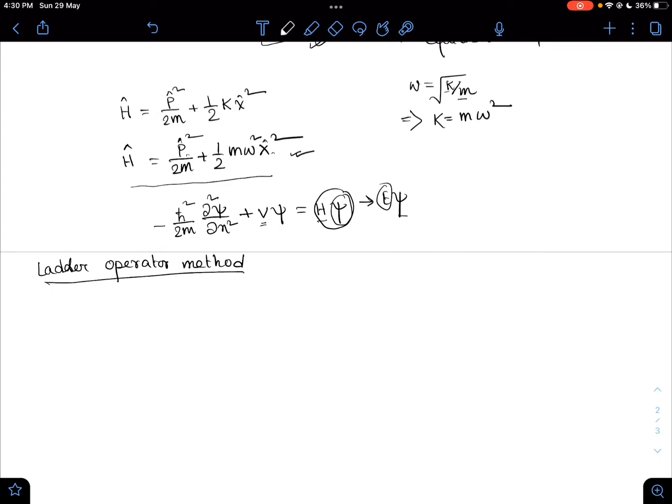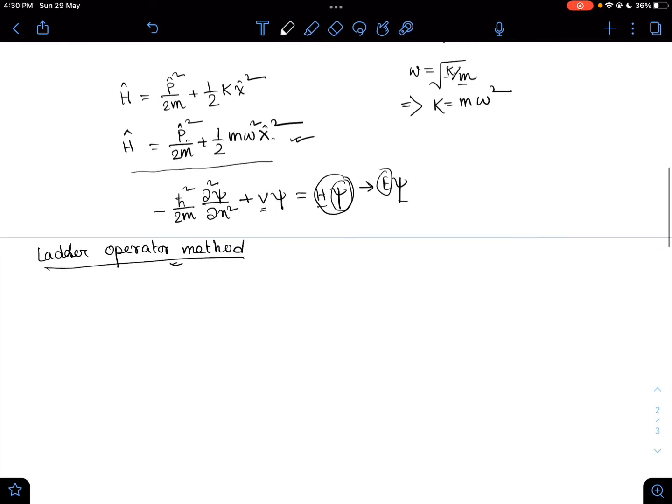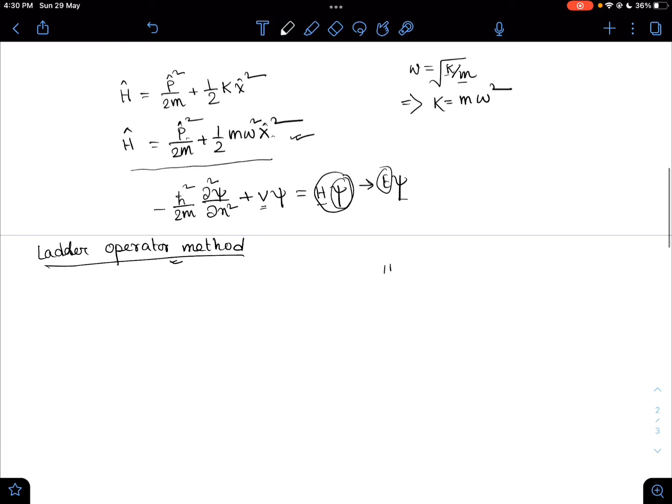Here I will discuss this ladder operator method. Before proceeding, suppose we have a classical harmonic oscillator Hamiltonian, this one. Now we know that in the classical case, p and x are numbers.